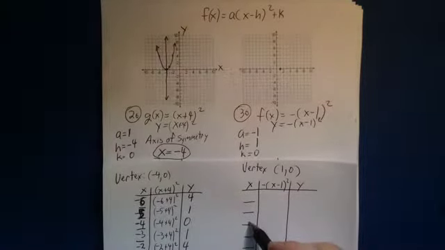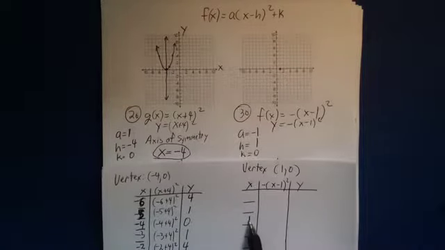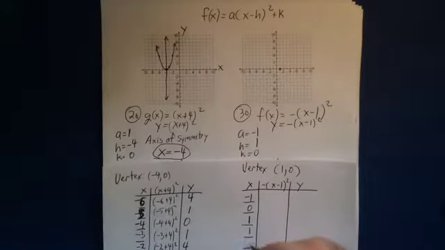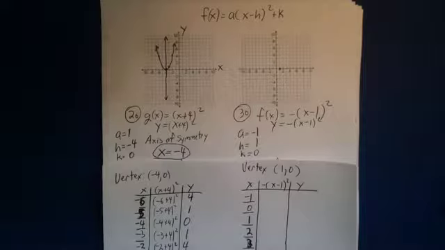In the middle is where I want the x-coordinate of the vertex. So I'm going to take the x-coordinate of the vertex, which is 1. I want 2 values below, 2 values above, so this will be -1, 0, 1, or excuse me, 2, and 3. So one thing you may want to do when you're doing this, work backwards from 1, write 0, -1. Work forwards from 1, write 2, 3. That may make you less likely to make a mistake.